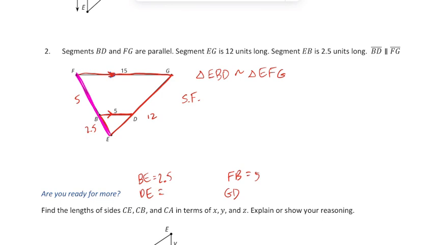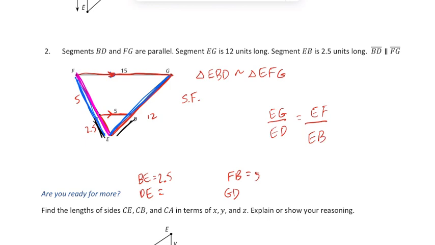And then DE, we don't know what it is, but we know that this whole thing is 12. So we'll say EG over ED. So we're taking this whole blue part divided by this black part. It's going to be the same as this whole blue part, the whole thing, divided by the black part. Okay, and so then you're going to get EG over ED is equal to EF over EB.